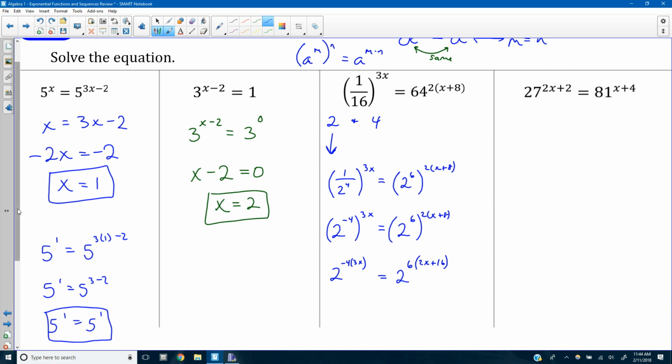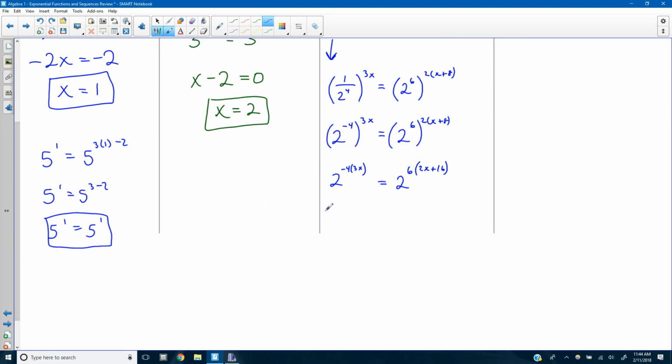And the only way that this works out is if negative 4 times 3x equals 6 times 2x plus 16. And then we start to solve for x. That is a 12. I need it to be a 16. Then we need to solve for x. Negative 4 times 3x is negative 12x. Distribute.